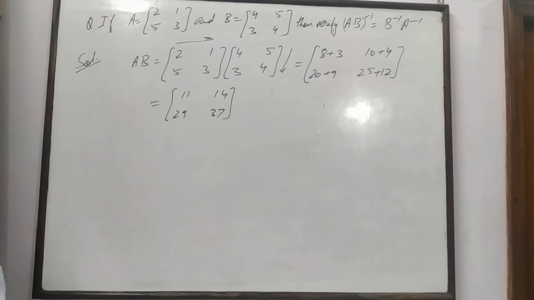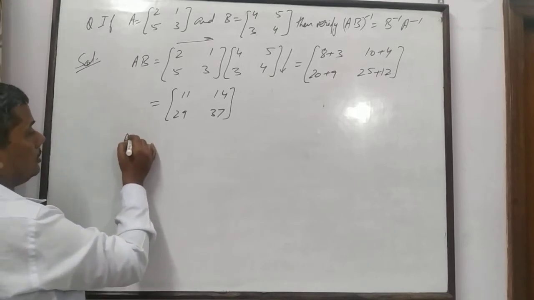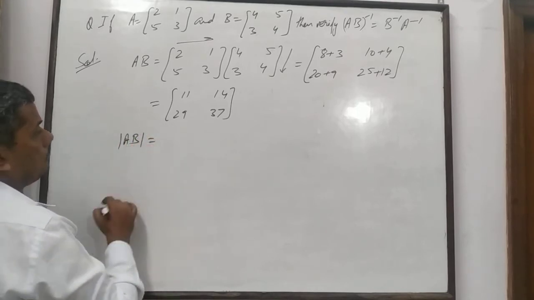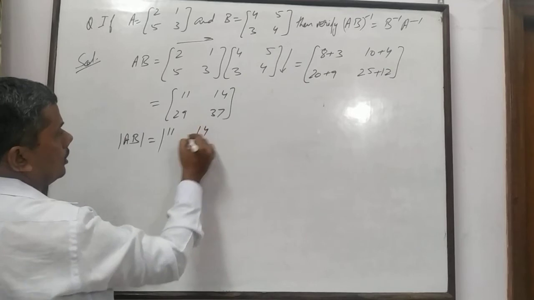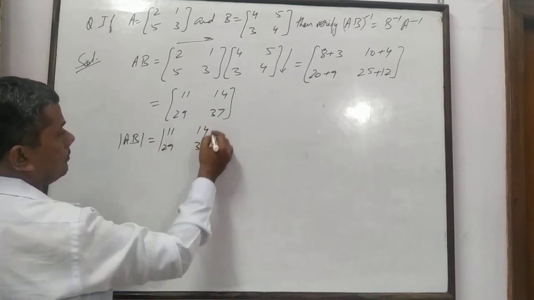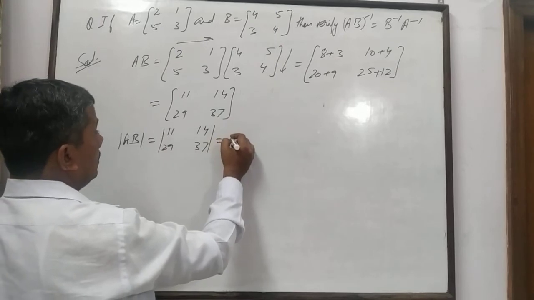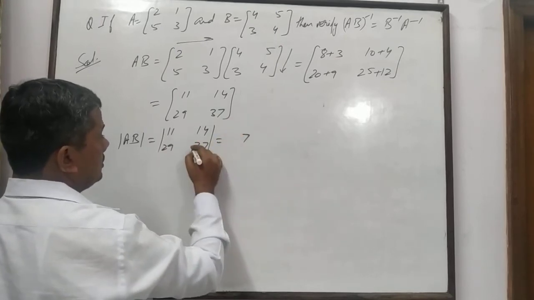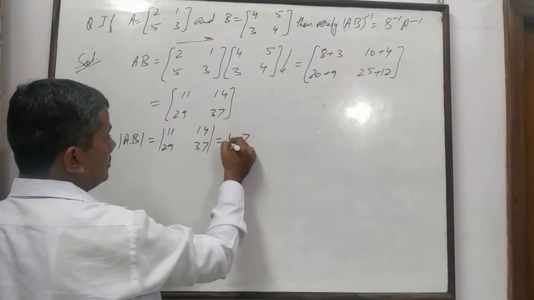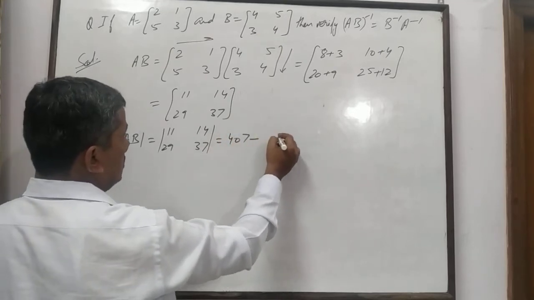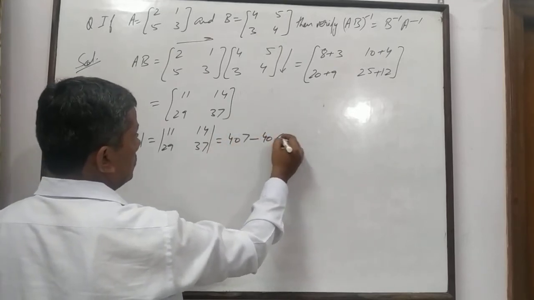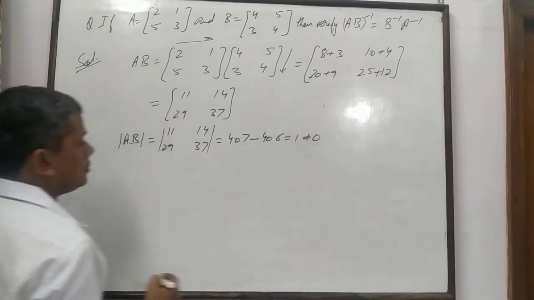Now we need to verify whether (AB) inverse exists or not. For that we need to find the determinant of AB. Determinant of AB, that is determinant of [11 14; 29 37], comes out to be 407 minus 406, which is 1, not equal to 0.